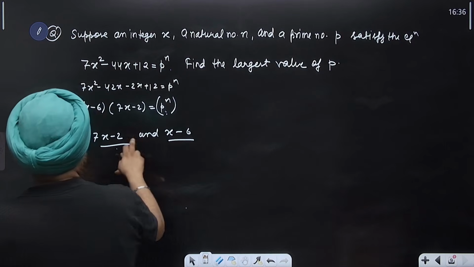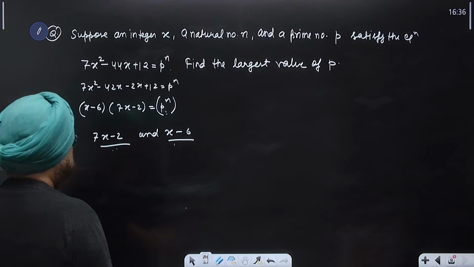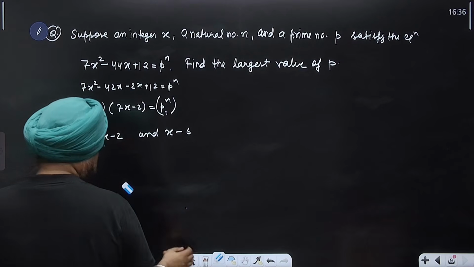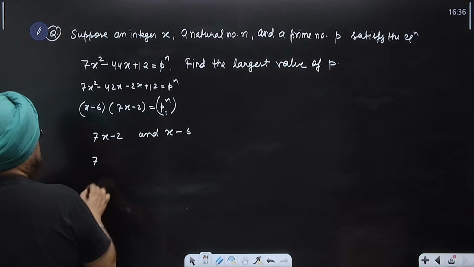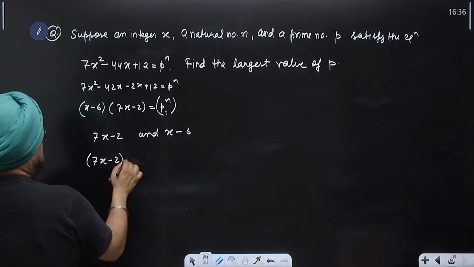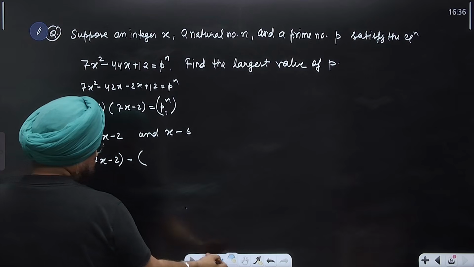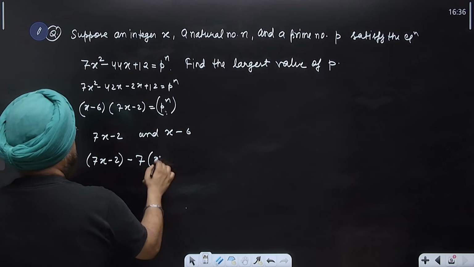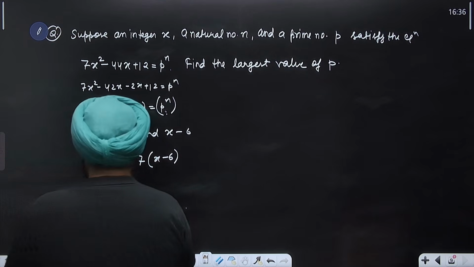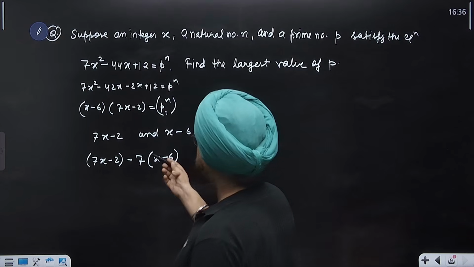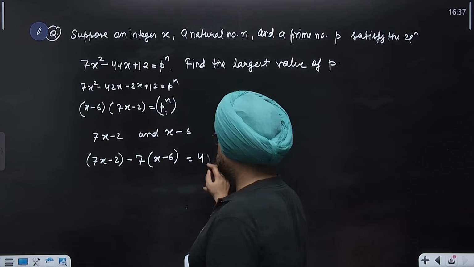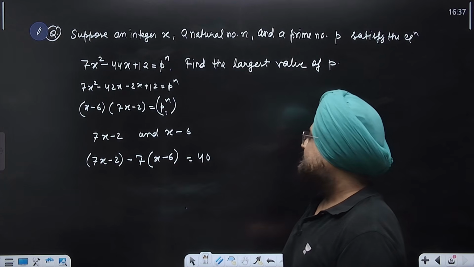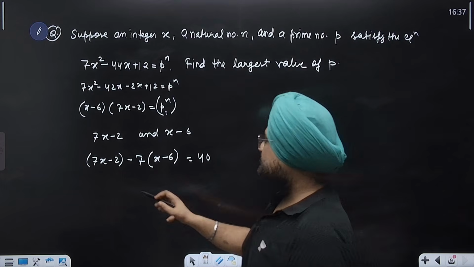If I take the linear combination of these two by eliminating x, then 7x − 2 minus 7 times (x − 6) will be 42 − 2, which is 40.